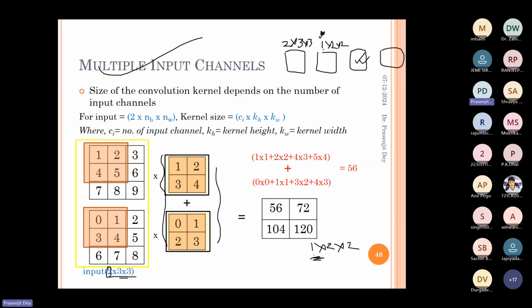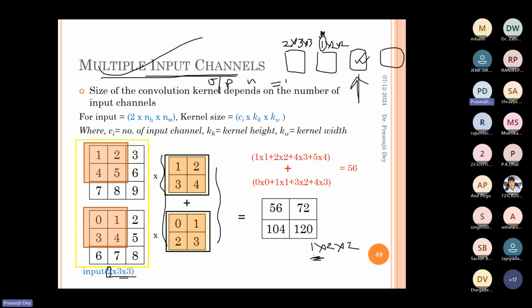So it is not retaining all the information present in the input, because the input was multi-channel. There were two channels, but after the first layer the channel is reduced to one. Even if the input channel was multiple, the output channel is one.